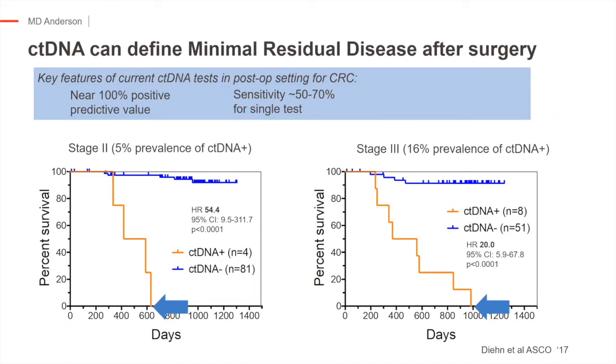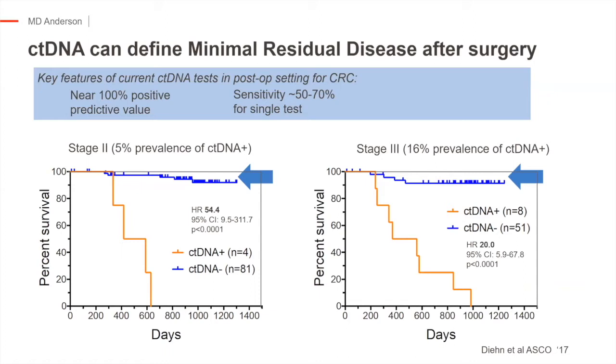For a single test, we talk about maybe about 50%, some series as high as 70%, but I think 50 is a good number to think about for sensitivity here, which means that there are still patients that with a single test, you may miss, right? Perhaps they had lower levels of disease, but then the disease grew over time, and maybe several years later, the disease recurred.